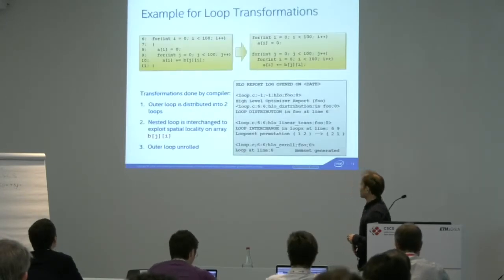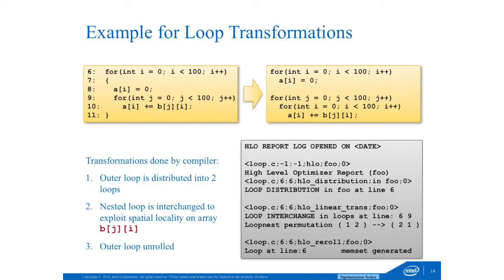here is something that the compiler might do in terms of loop transformations. You have the left-hand side, and then the compiler turns it into the right-hand side. Right? It splits the operation, the sandwich here, into 2 separate loops, or actually does something else. And you can get a report and read the high-level optimization report for that, what the compiler did.